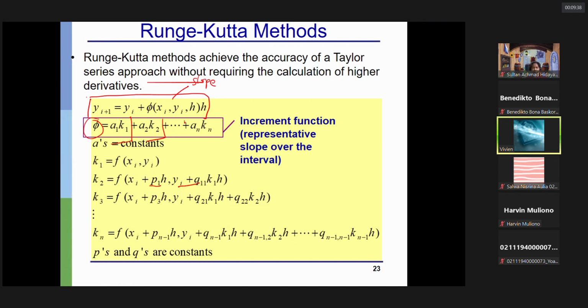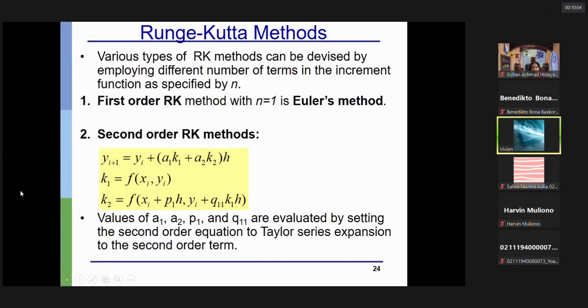If we take three terms, we use the slope calculated at xi, yi, and xi plus p1h, another point in between xi and xi plus 1, and also another slope calculated at xi plus p3h, another point in between xi and xi plus 1. So we will see the calculation here.